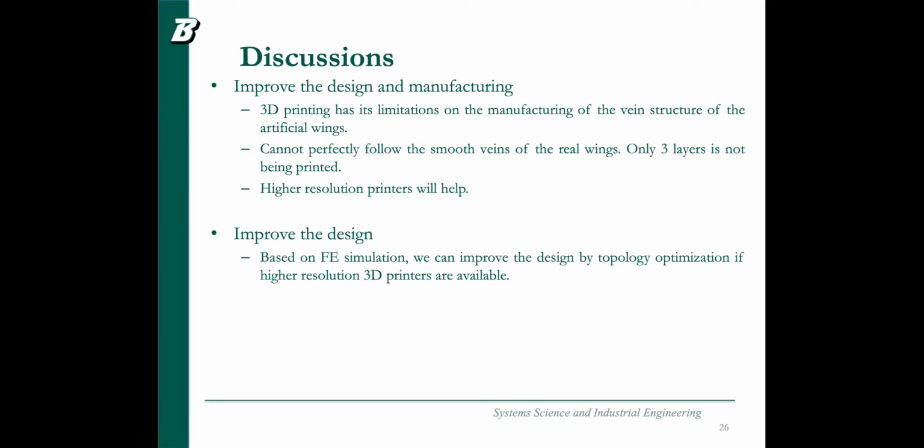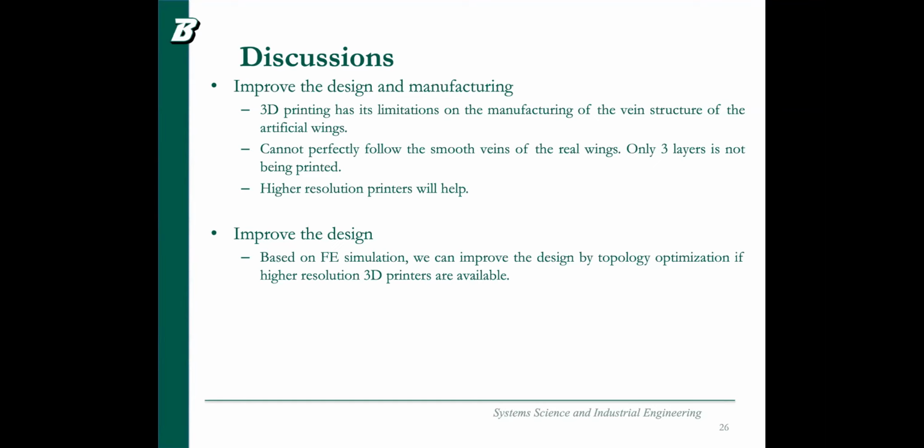Of course, high resolution printers and nozzles will help to further improve this, but that will be future development. So our idea and work is the innovation and the first work to try to design and fabricate dynamically similar wing structures.